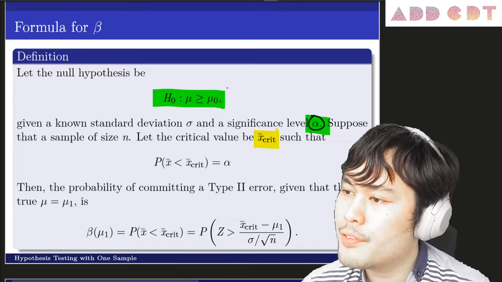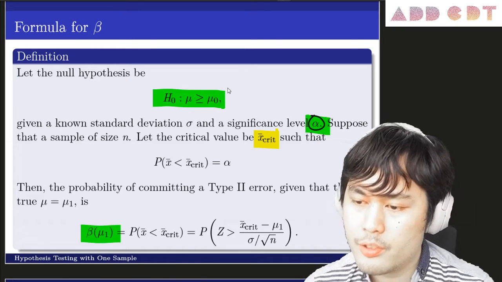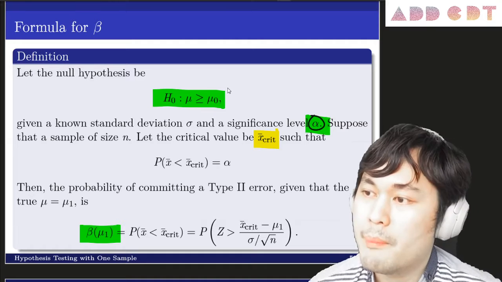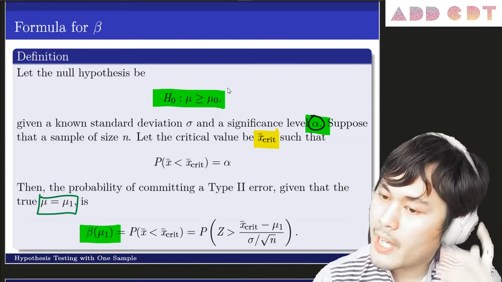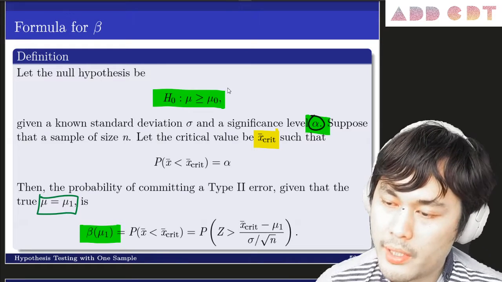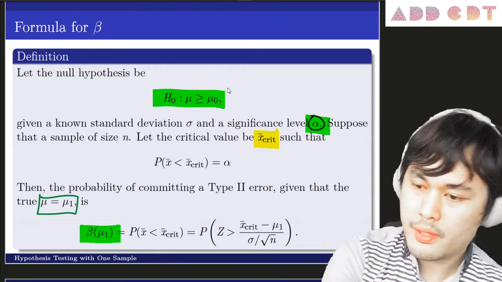After that, we can compute beta based on the new belief, that the actual population mean is less than that value.